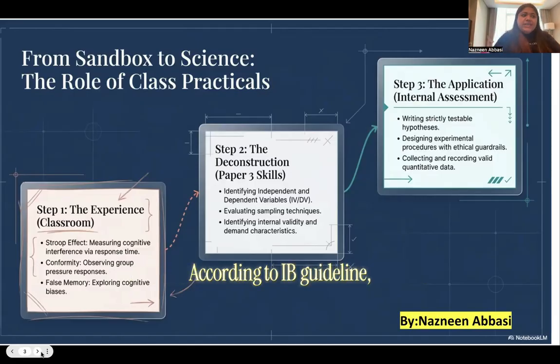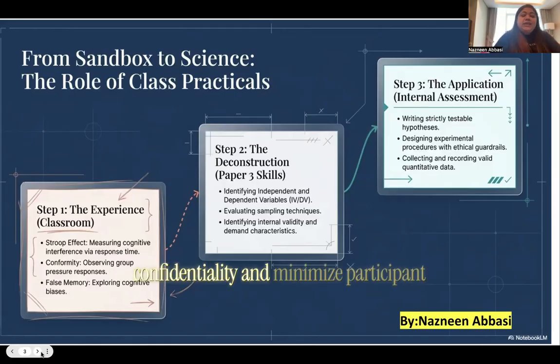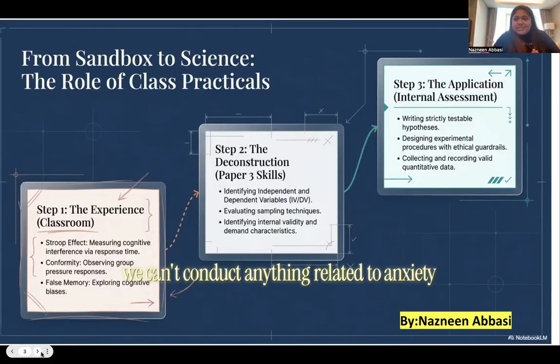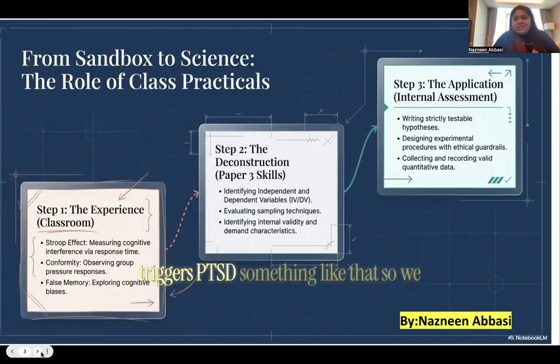According to IB guidelines, you have to obtain informed consent, confidentiality, and minimize participant harm. So we will not be doing anything which will harm participants in any way. For example, we can't conduct anything that provokes anxiety or triggers PTSD, something like that. So we have to be very mindful.